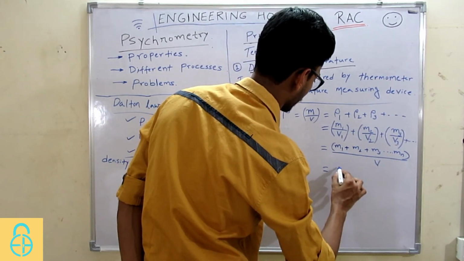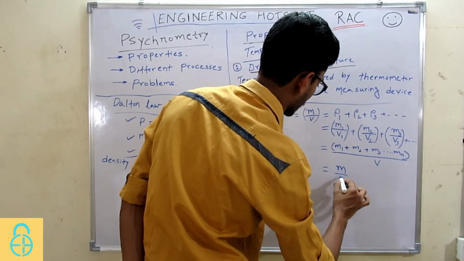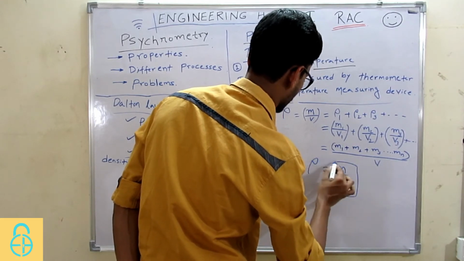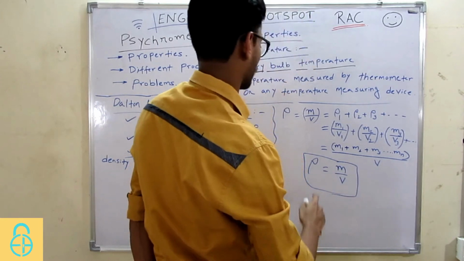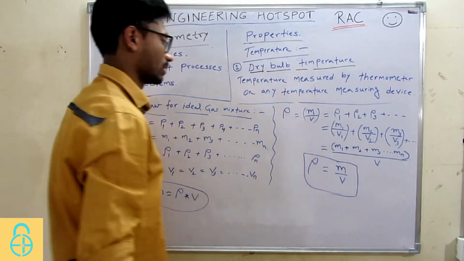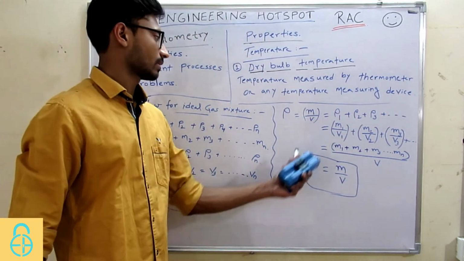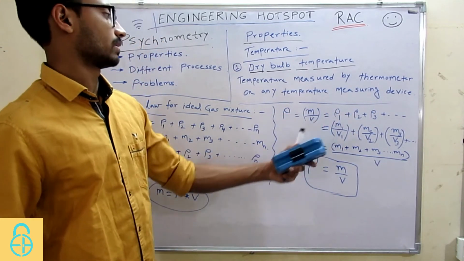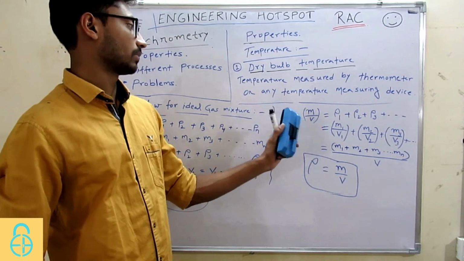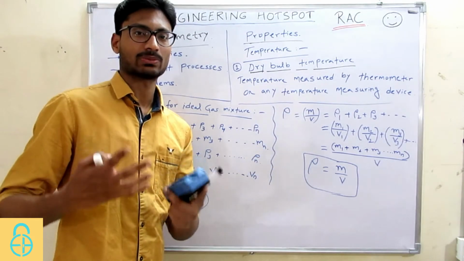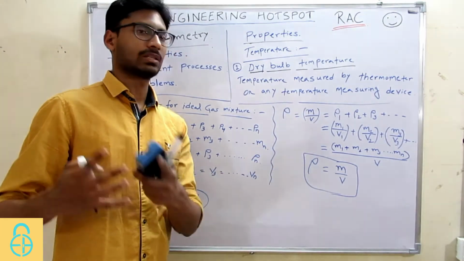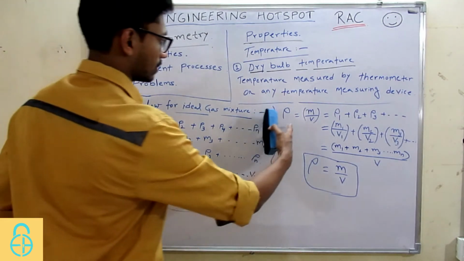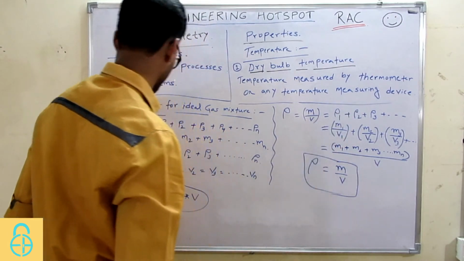M by v only. So you got, okay, rho is equal to m by v, and rho is equal to rho 1 plus rho 2 plus rho 3. We have justified that rho is equal to rho 1 plus rho 2 plus rho 3 plus rho 4 till rho n. So in this way we got this property.